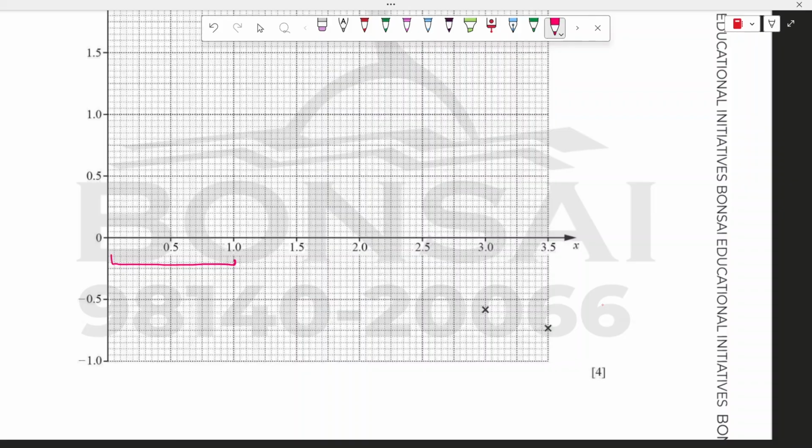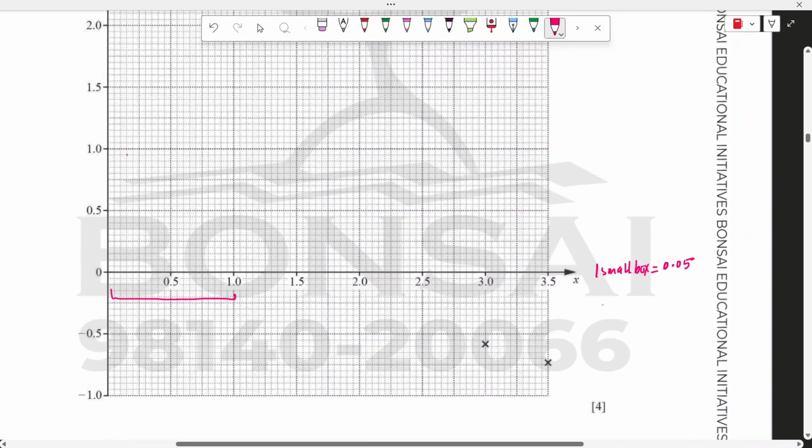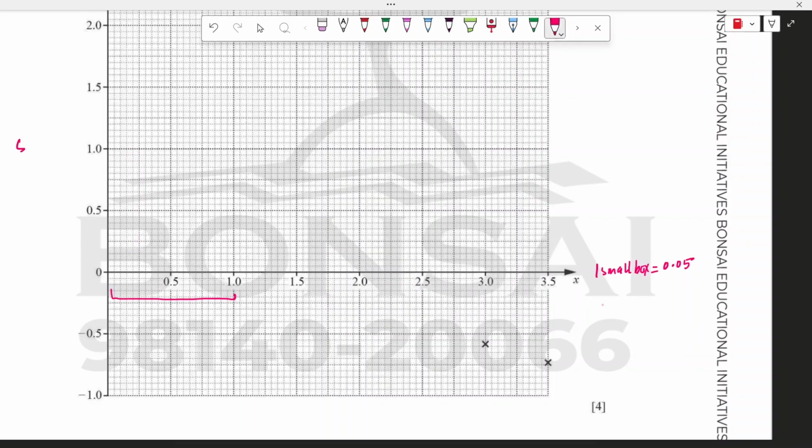It means here on the x-axis, one small box is equal to 0.05. Here the one box is again divided into 20 parts. So the small box is 0.05 unit. That is the scale, and let us move further.